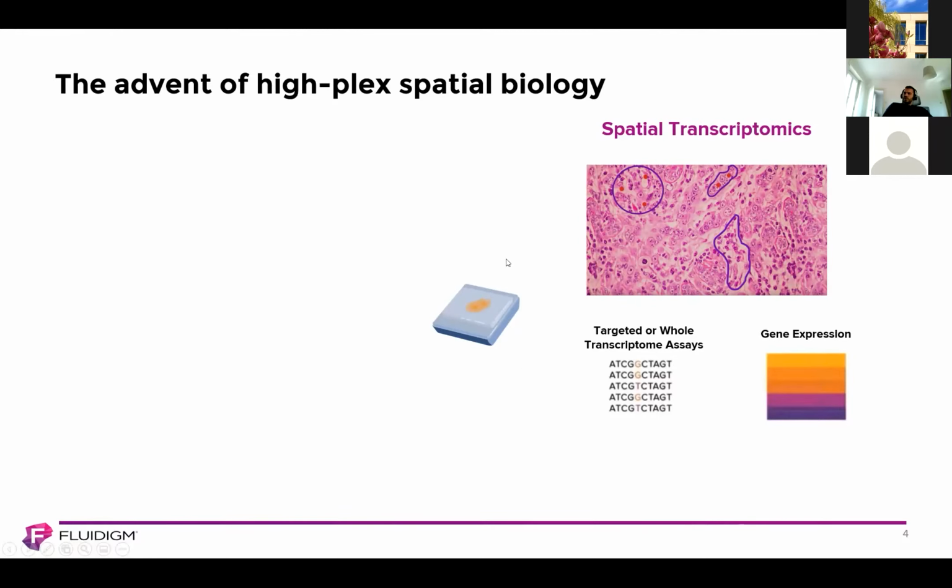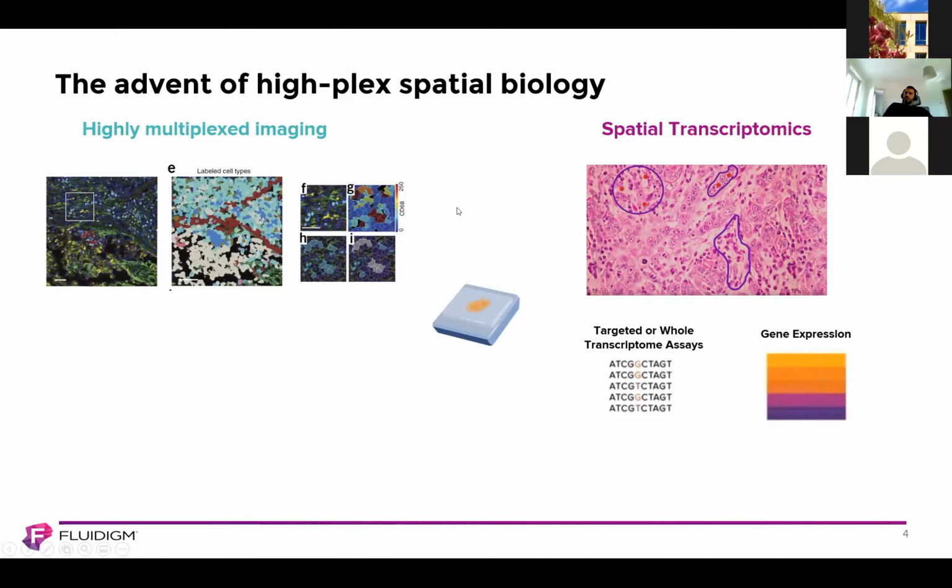At the same time, we also know that there is another battery of technologies out there on the market which are propelling the spatial biology revolution forward. These are more what we can think of as highly multiplexed imaging technologies. While it might be a bit of heresy to talk about this in the Spatial Transcriptomics Congress and Forum, these technologies use, in most cases, antibodies to look at predefined targets and panels.